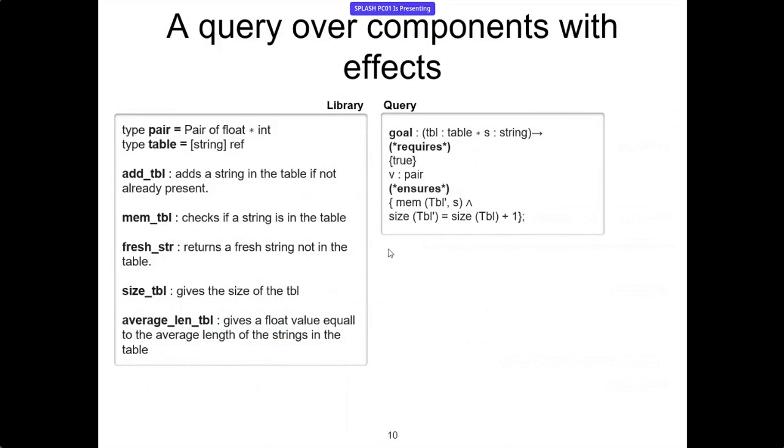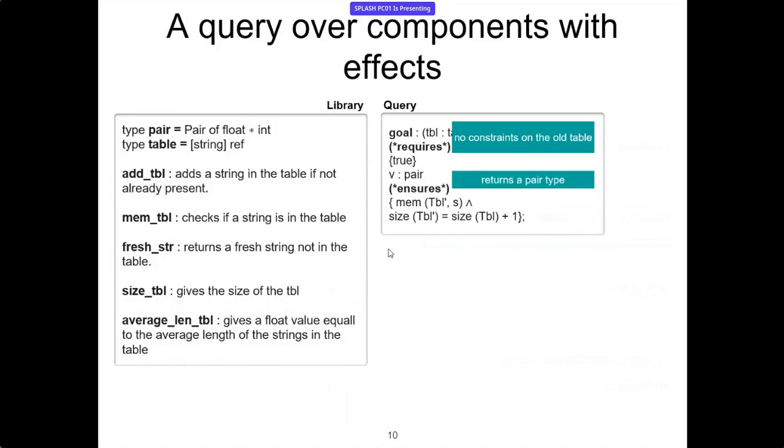So given such a library, a very simple query could be to ask the synthesizer to synthesize a function. It takes a table and a string, and it has no constraints on the initial table.